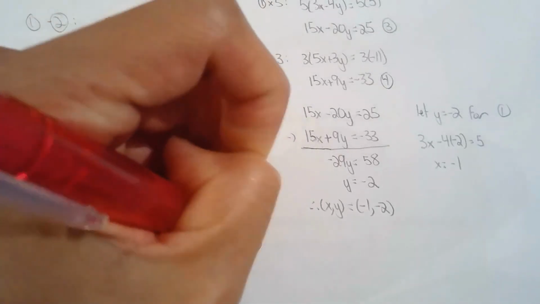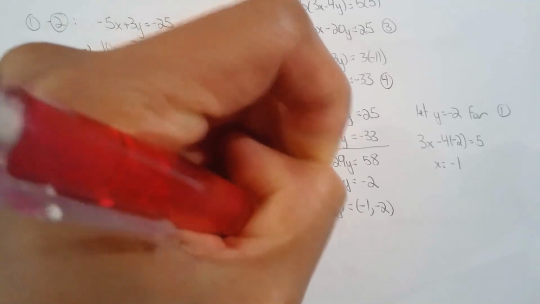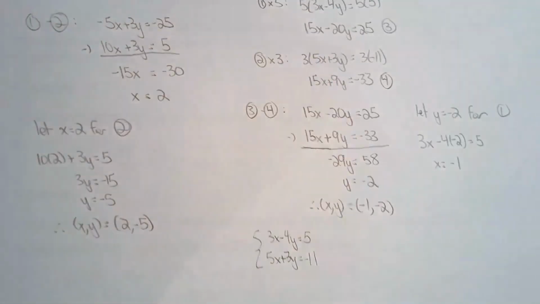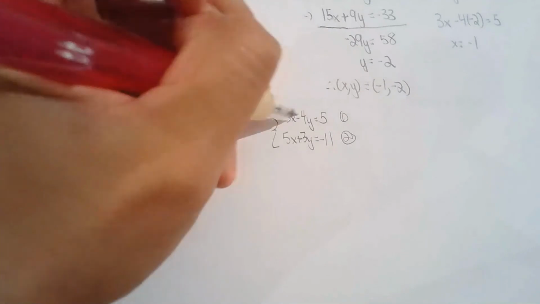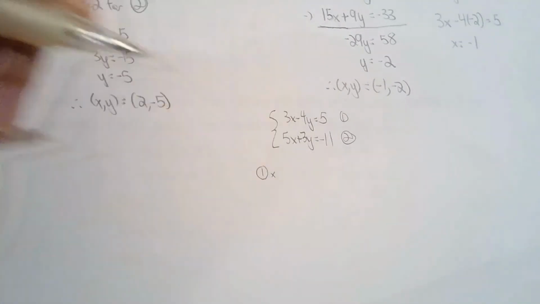So I'll do the same system. So 3x minus 4y equals 5. 5x plus 3y equals negative 11. So this is a bonus here. So same problem. Equation 1, equation 2. So what you can do is, you know what? Just be creative. What can you do?